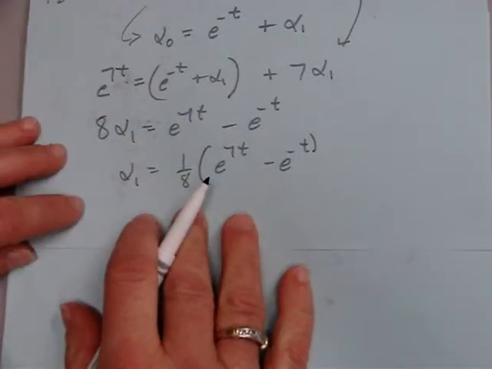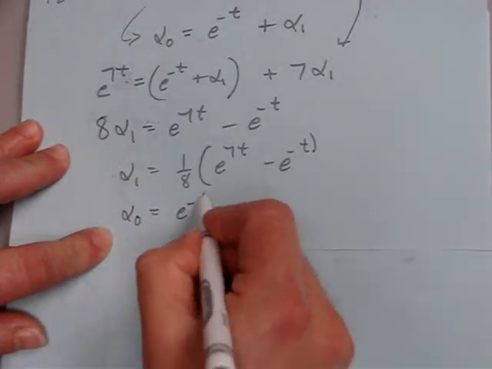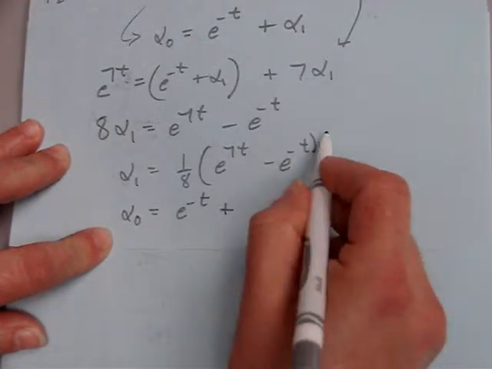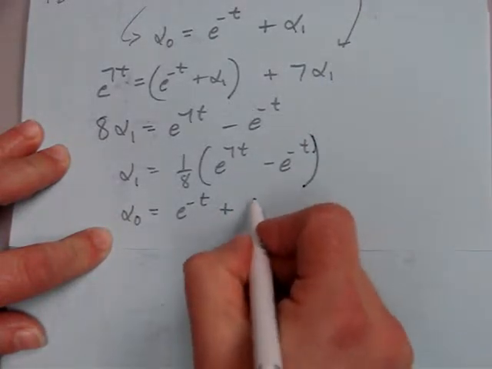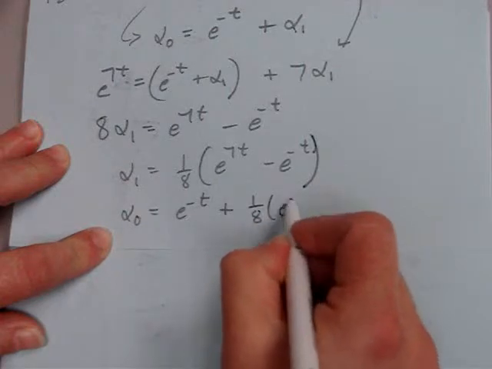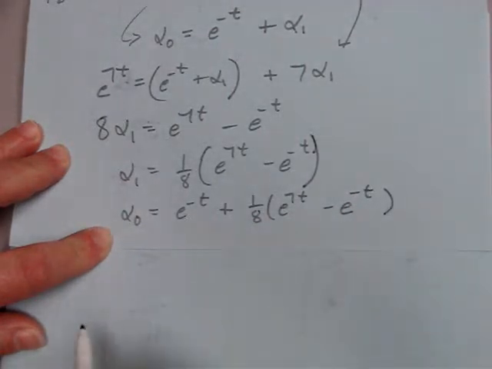Let's use our alpha 0 equation from above. Alpha 0 is e to the -t plus alpha 1, and so plus 1/8 times (e to the 7t minus e to the -t).